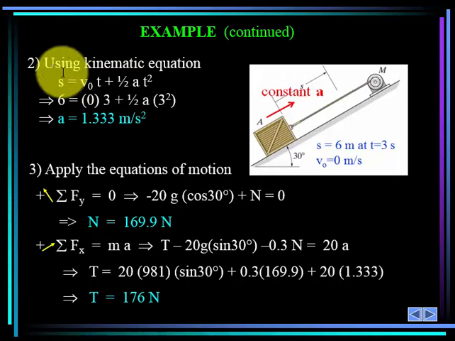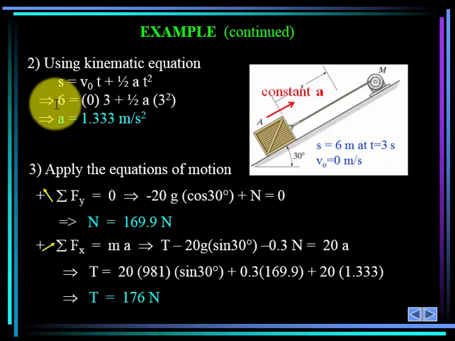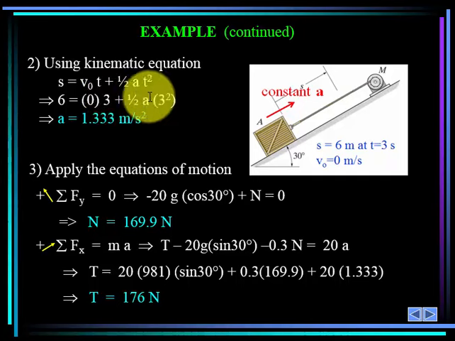And so this equation says our final position, 6, is equal to our starting velocity, 0, we started from rest, times time of travel, plus 1/2 the acceleration imposed by the motor times time squared. Time is going to be 3 everywhere in the equation. This is a one equation, one unknown problem that from the kinematics tells us that the constant acceleration has to have a value of 1.33 meters per second squared, purely from the kinematics.